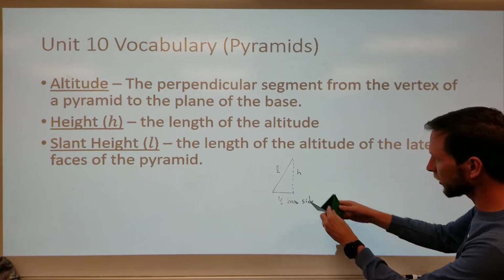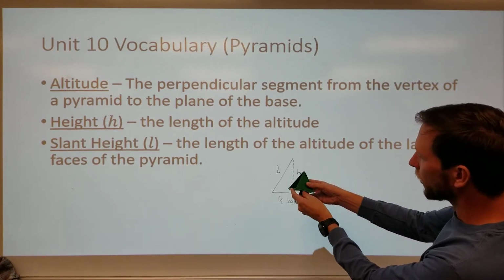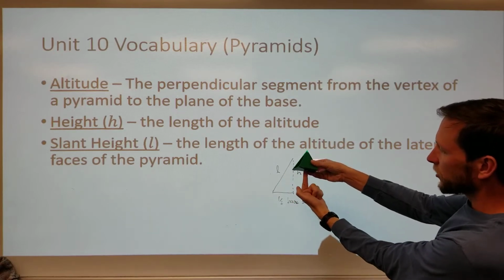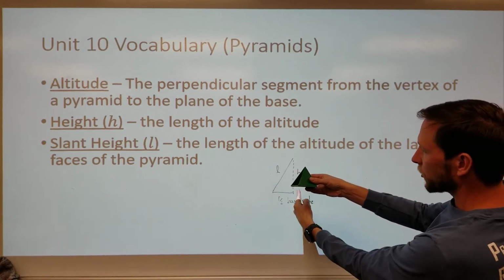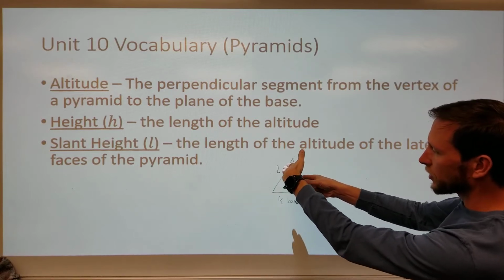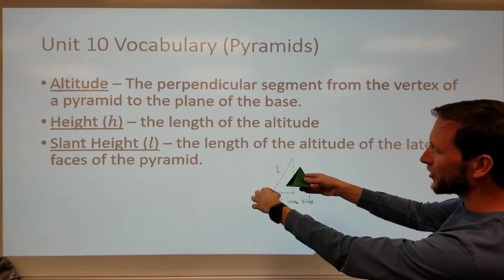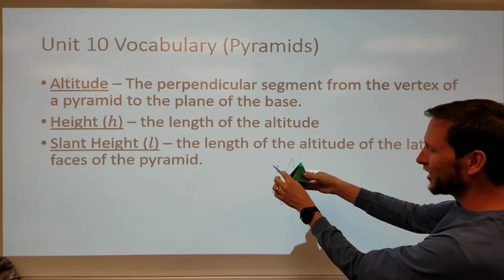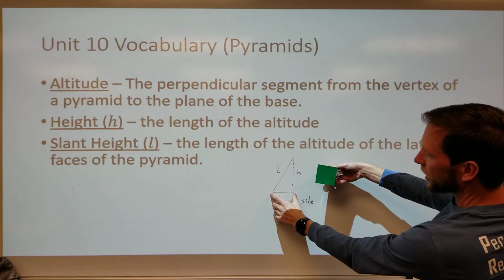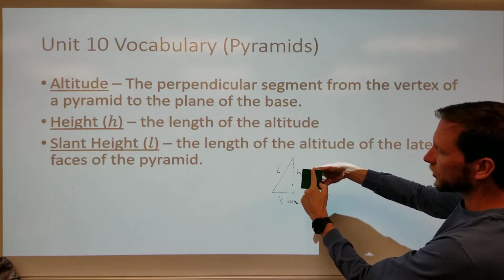That's kind of this profile view right here, where we are cutting straight from this vertex to the center of the base. That's this h value. The lateral height, or the slant height, is the hypotenuse there, the height of this triangle, and then this portion right here in this right triangle is half of this base.